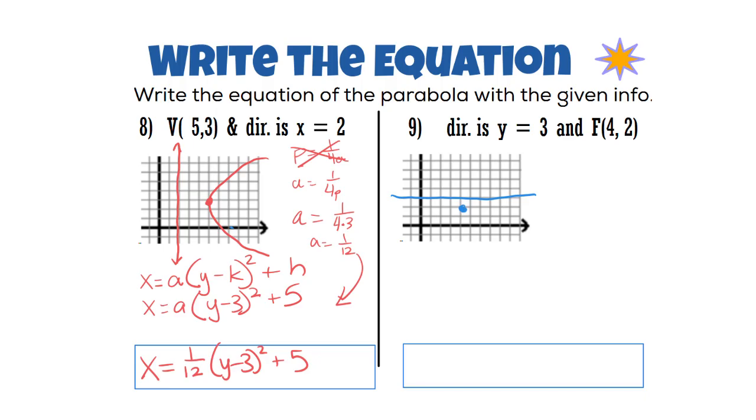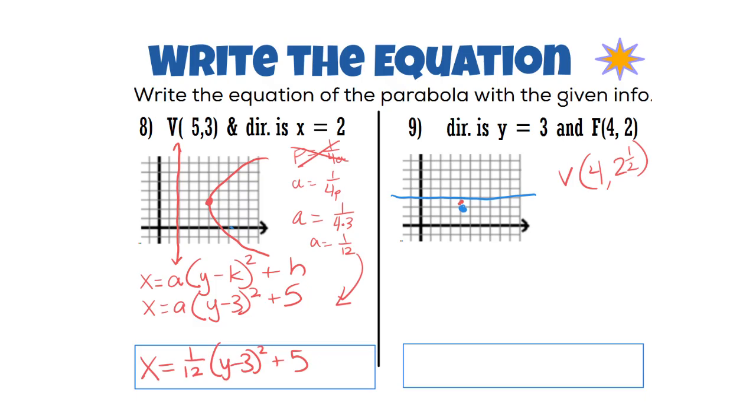And the vertex falls smack dab in the middle of the two, which is not real easy to draw, but it's going to be right in between there. Can you tell me what the coordinates would be for your vertex? All right, you're still over 4. The focus was up 2. I'm going to have to be up 2.5 for the vertex.